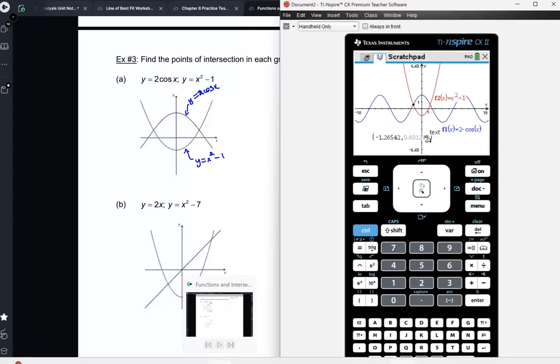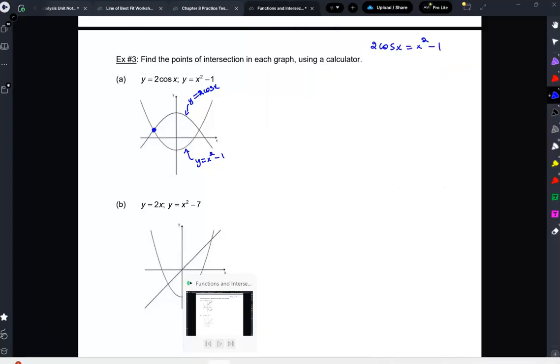So this one is negative 1.265, 601. And then this is the symmetric point. Both of these are even functions. They're both symmetric around the y-axis. So it's going to be a symmetric point.